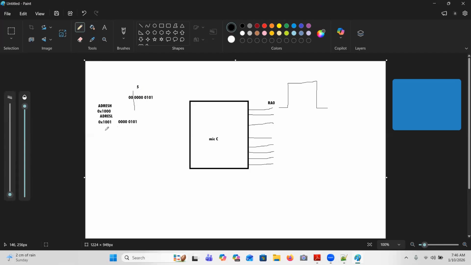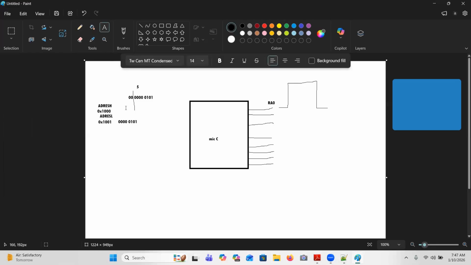Because AD result L can store only 8 bits, we take 8 bits from the LSB of the ADC result. What remains is 2 bits. Those 2 bits I will store in AD result H, which will be 0, 0. Totally 10 bits.